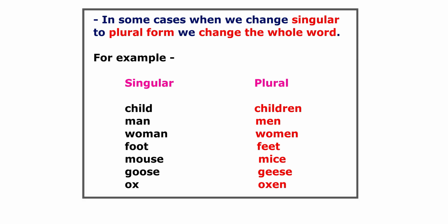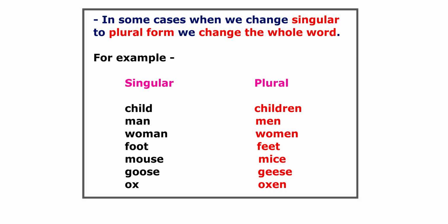Man, MAN, we are making it plural and it will be men, MEN. Third example is woman. Now, when we are making it plural, we are making it women, WOMEN. Fourth example, foot. Now in plural form, it will be feet.